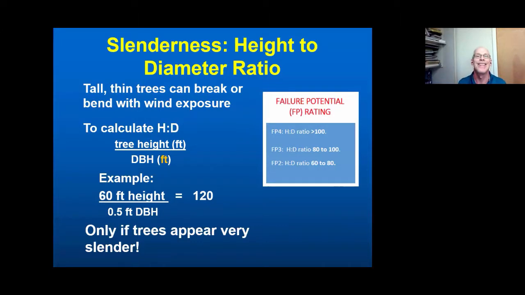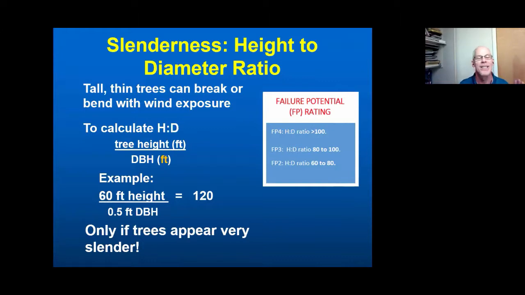A point or two on slenderness, height to diameter ratio. The way that we calculate this is a ratio between tree height and diameter, both in feet. So for example, if you had a 60-foot high tree, 6 inches in diameter or 0.5 foot, it has an overall slenderness ratio of 120.